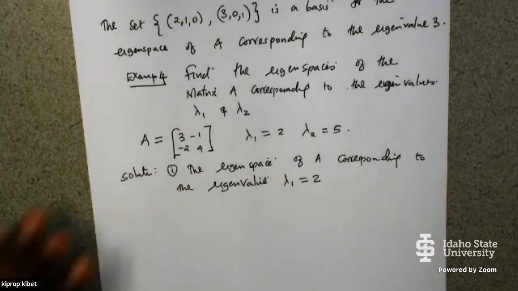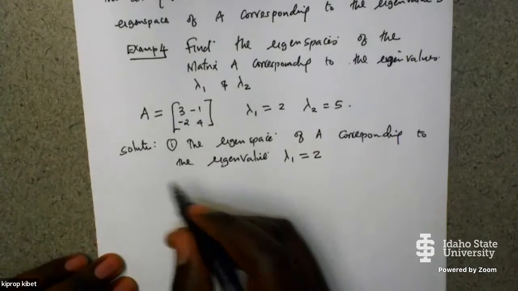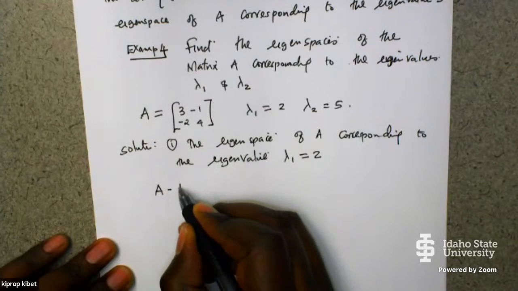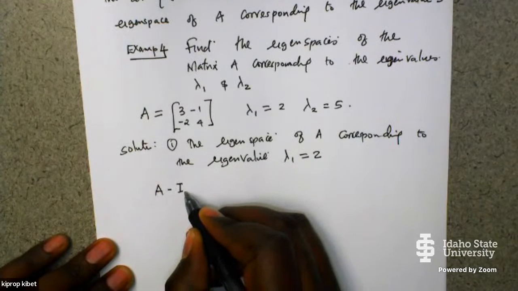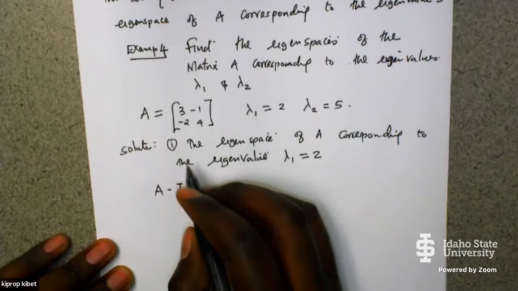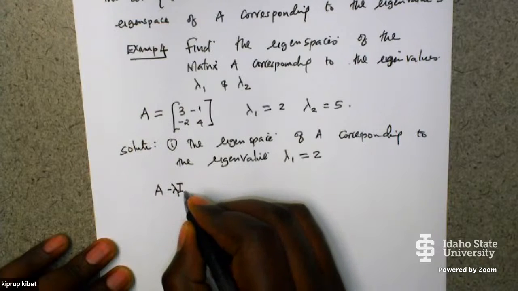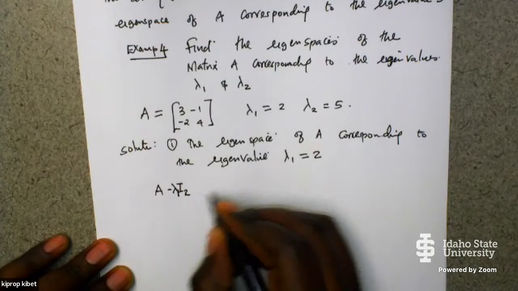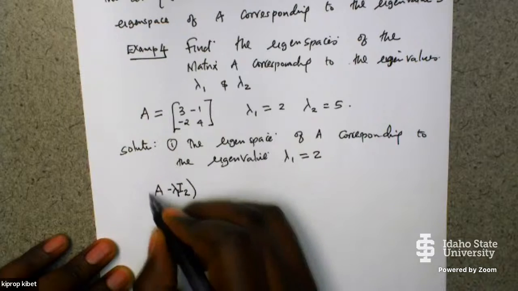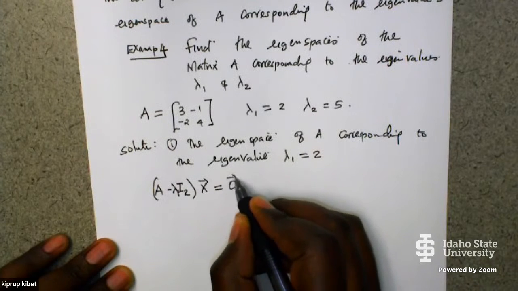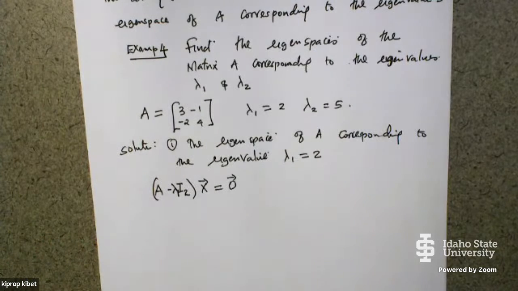So we just do the same way. We need to get the solution of the set A minus lambda 1 I, where I is a 2 by 2 matrix, times x equals the 0 vector.